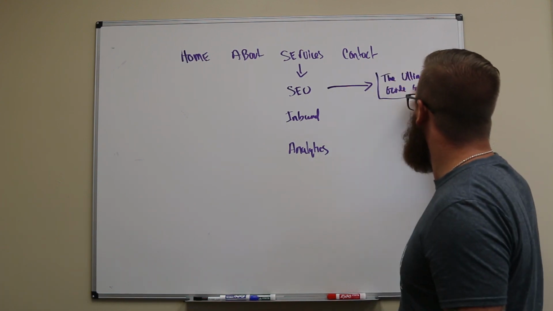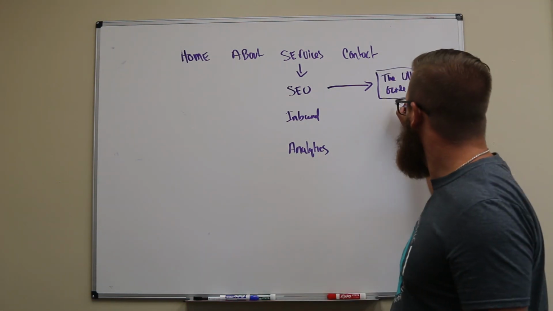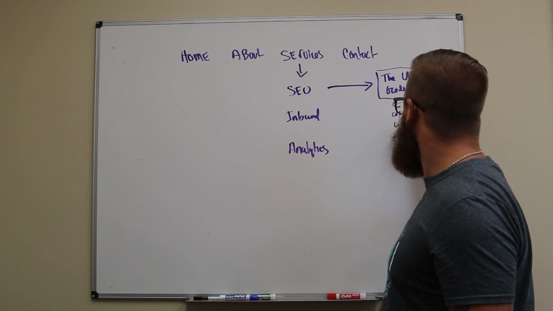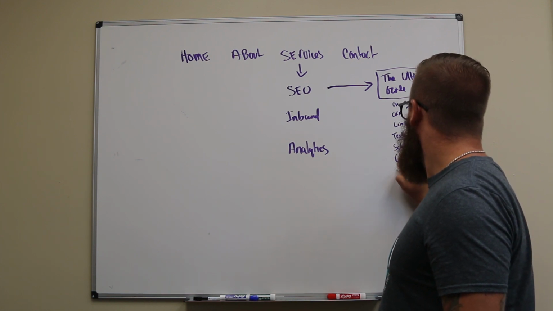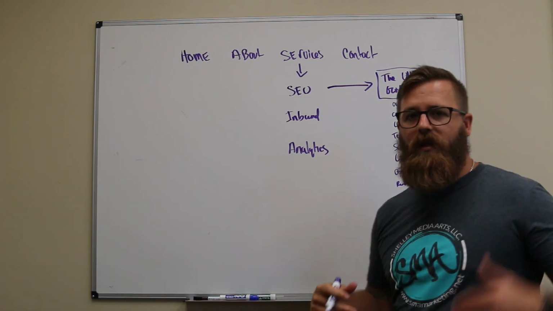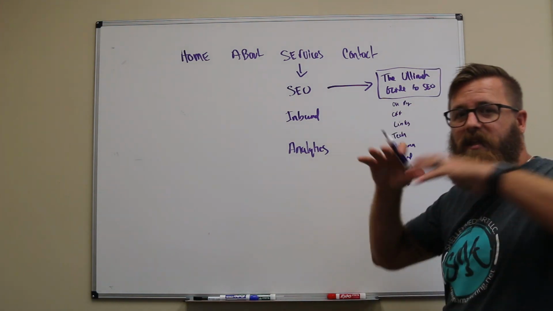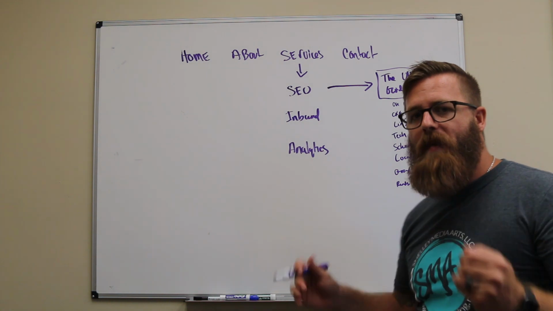And what this guide is going to be is a really in-depth piece of content that covers everything about SEO, from on-page, off-page, maybe some about links, maybe we'll talk about the technical side, maybe we'll talk about schema, maybe we'll talk about local, Google, ranking factors. We're really going to just create this really comprehensive piece of content that really lets our users know everything that they need to know about SEO.